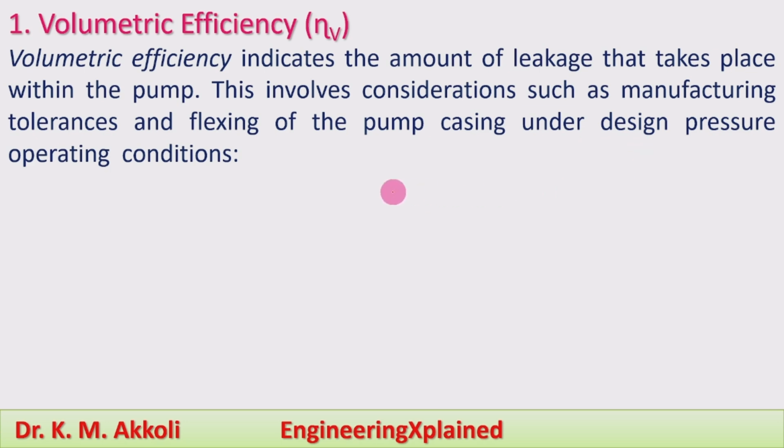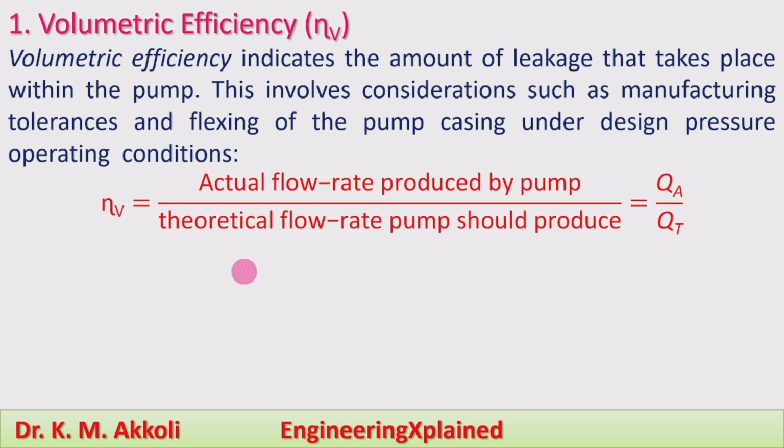If the pressure increases, the leakage will be more, and if the tolerance is more, then the leakage will also be more. The efficiency eta V equals the actual flow rate produced by the pump to the theoretical flow rate the pump should produce. The theoretical flow rate is set for the pump as per the design, and from that we see how much we actually get from the pump. That is Q actual by Q theoretical.